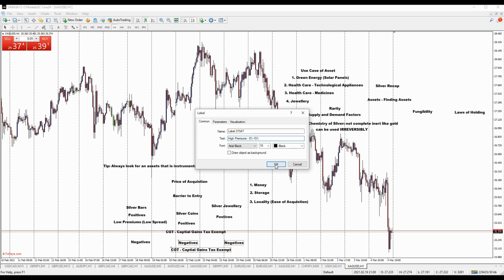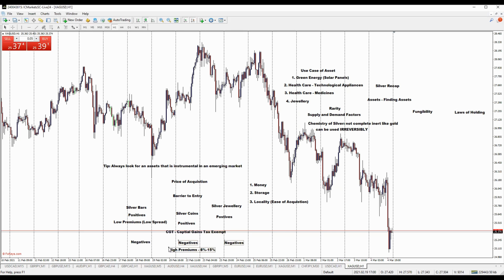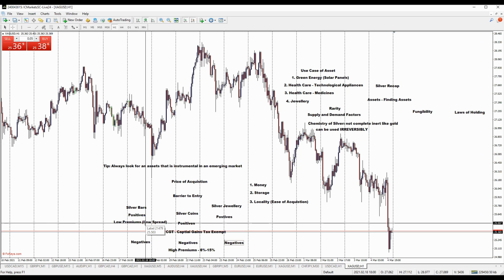Very high premiums, because with no capital gains tax, you don't have to wait a very long time before you make some profit from silver, because you're buying it at the spot price. Okay, yeah, maybe 8 to 15%. But if you put it this way, for you to gain 8% on the price of the silver you bought, compared to maybe 20 or 30% with silver bars, once you buy them, you're stuck with them for a long time.